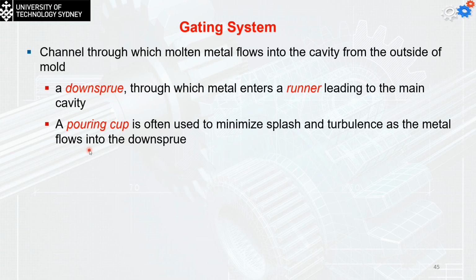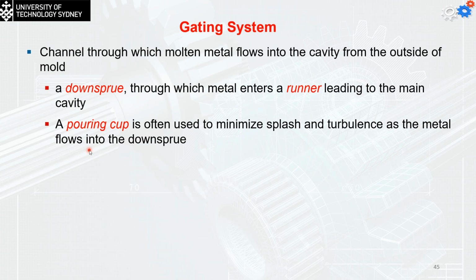The gating system is very important, and it should be designed in a very good way in order to provide the passage for the molten metal, so the molten metal will fill all the cavities within the mold before it solidifies.